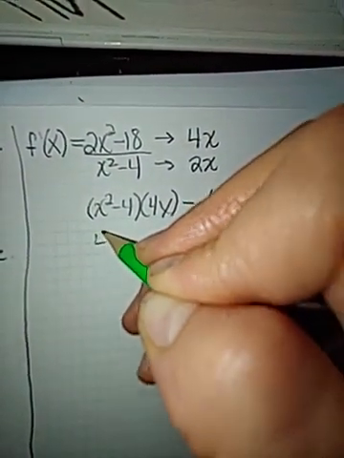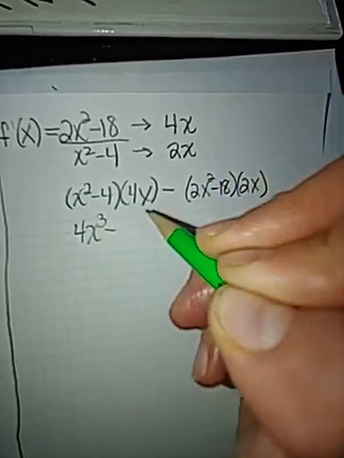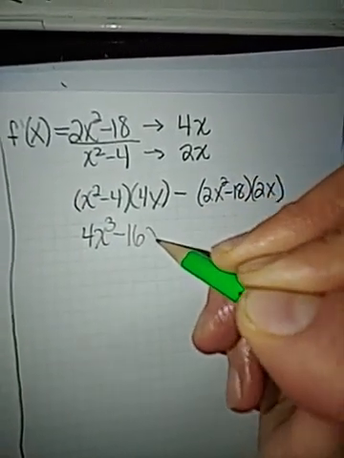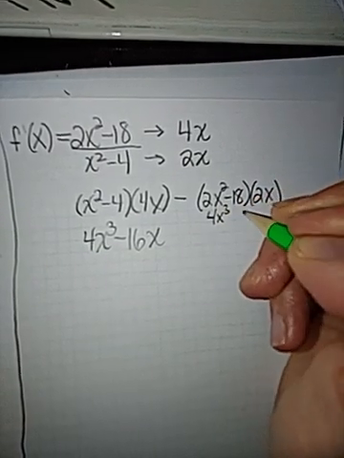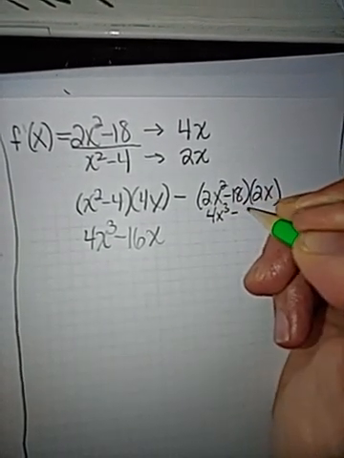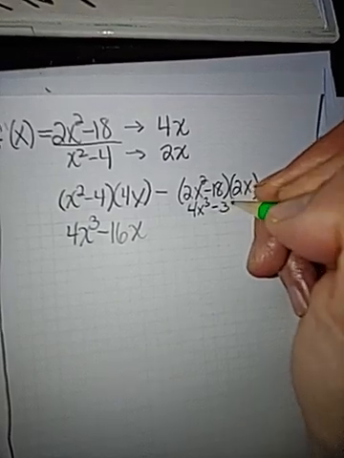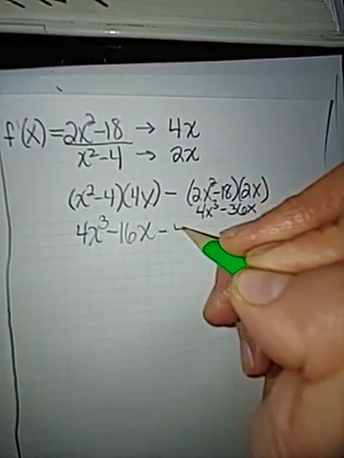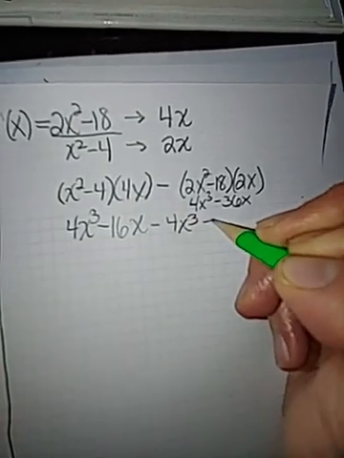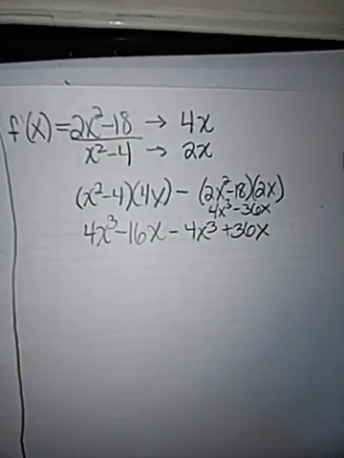So I have 4x to the third minus 16x. This is 4x to the third minus 36x. So this is negative 4x to the third plus 36x.